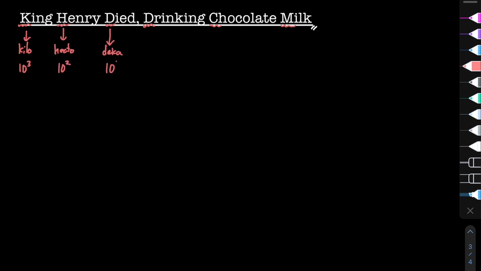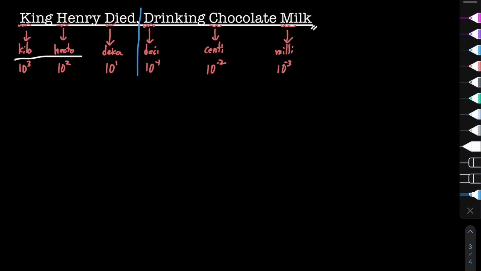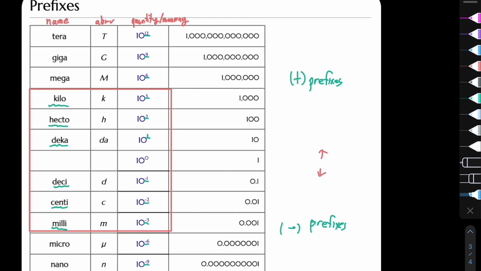And now moving on to the negative side, where the comma is, D would be deci, 10 to the negative 1. C would be centi, 10 to the negative 2. And M would be milli, 10 to the negative 3. So this is a short cheat code that you can memorize at least the first 6 with some ease, but the rest you kind of have to just memorize by brute force.